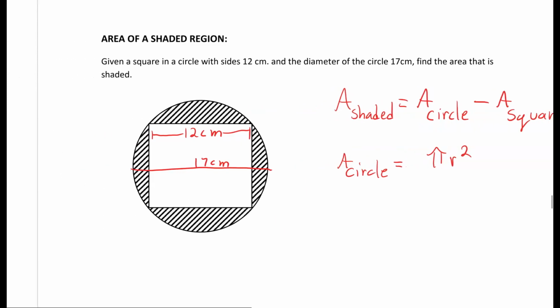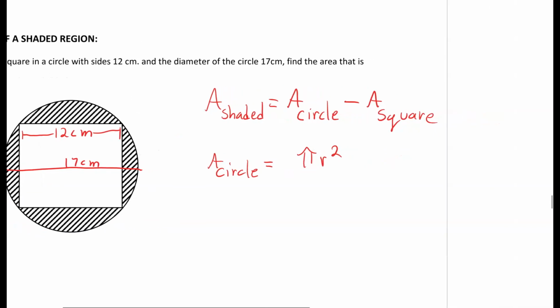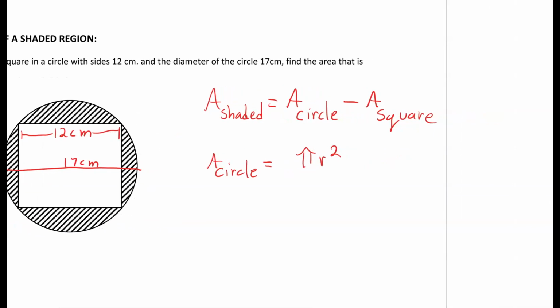In this example here, we're given our diameter, so the distance all the way across. If our diameter equals 17 centimeters, we need to divide that by 2 to find our radius, so divide it by 2, and our radius equals 8.5 centimeters. So when we're calculating for our circle, we want to use pi multiplied by 8.5 squared.